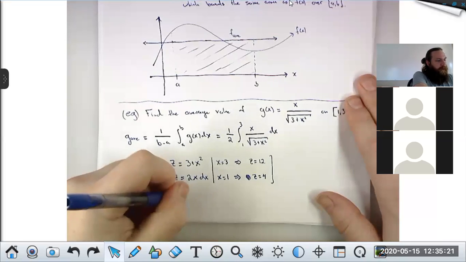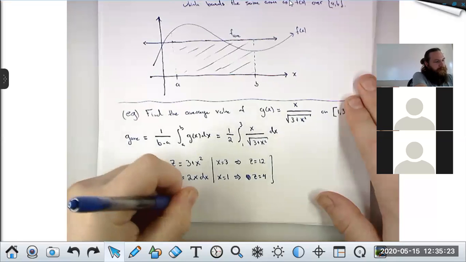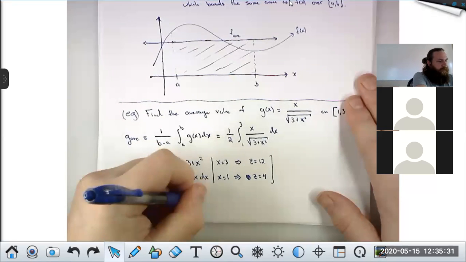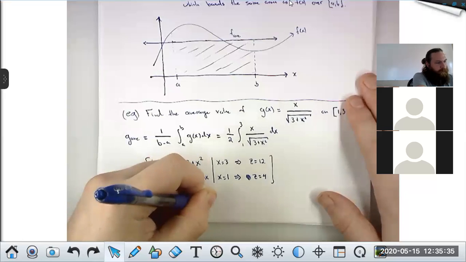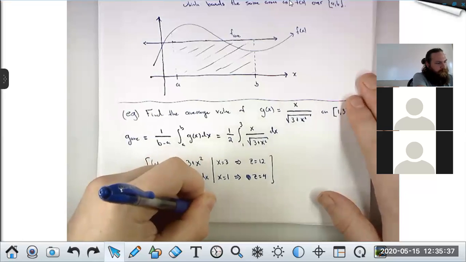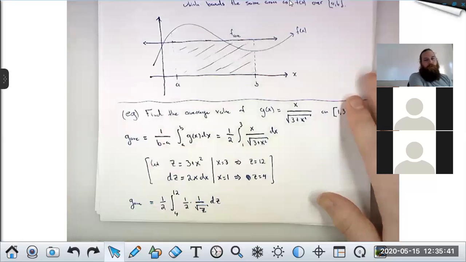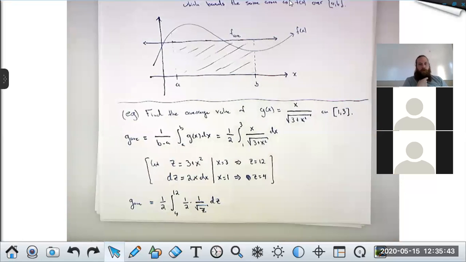So I'll have another copy of 1/2 coming from the differential. And then my 1 over the square root of 3 plus x squared, that's 1 over the square root of z. So this is what I get when I implement that substitution.